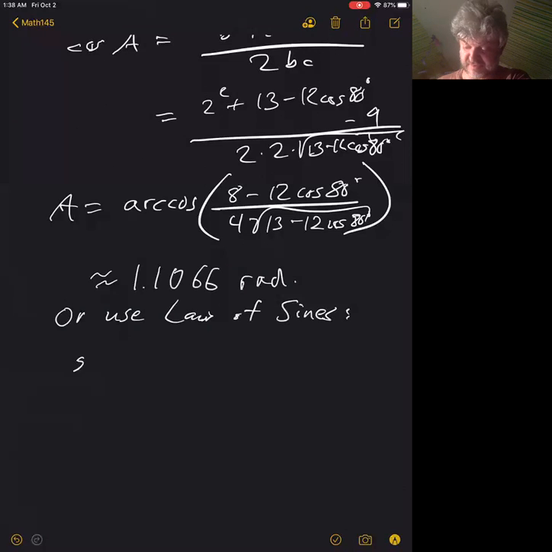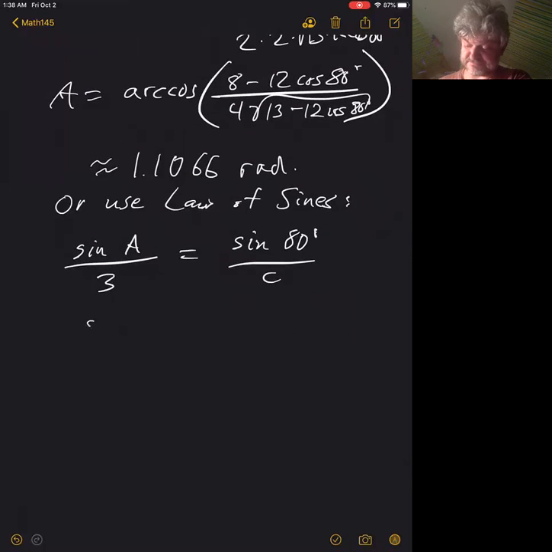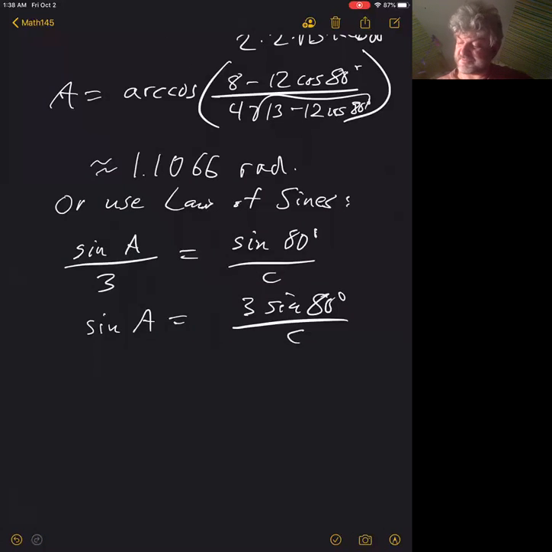We could have done sine A divided by lowercase a, which is 3, equals sine 80 degrees divided by c. Solve that for sine A. It's 3 sine 80 divided by c, which is that square root of 13 minus 12 cosine 80. And then apply the arcsine function.